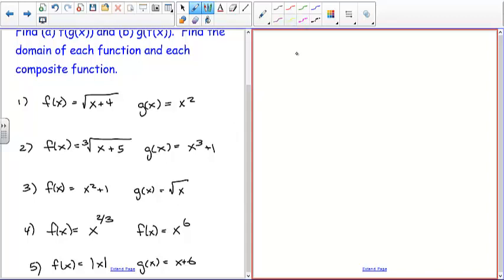Okay, so again, this is number 4, f of x. I'm going to write it down. F of x equals x to the 2/3 power. Well, what that is is x squared, then take the cube root of that. And so we're going to evaluate this first, and then we're going to take the cube root of that.